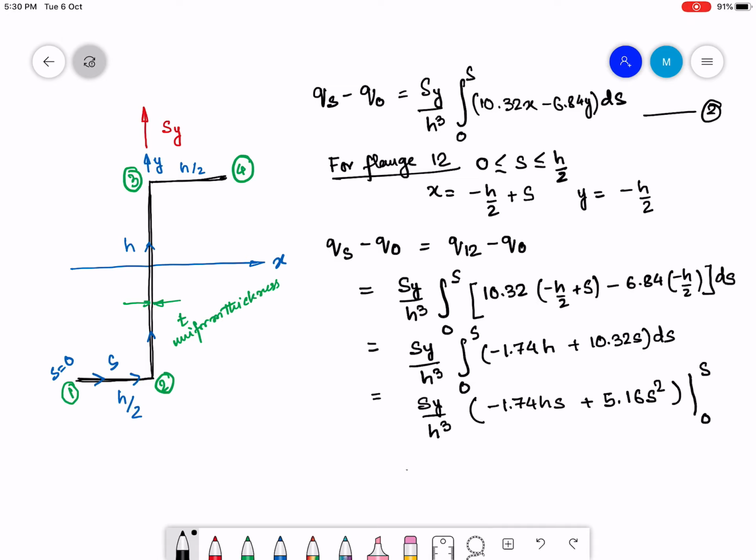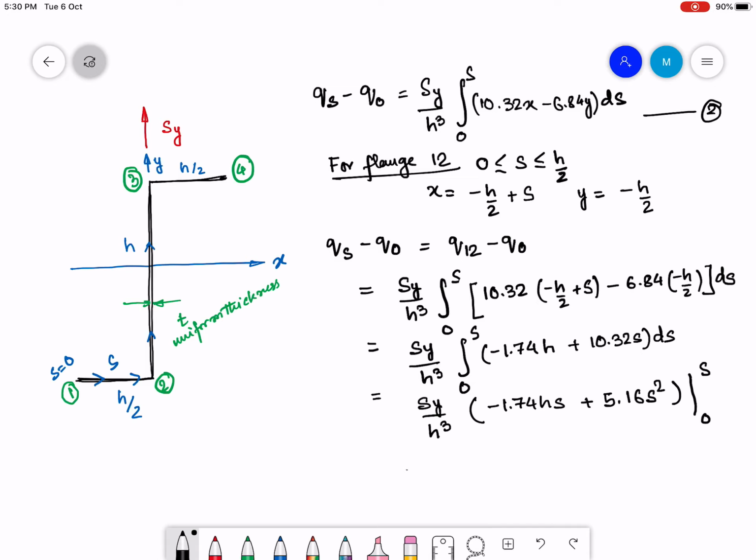Often why I did this intermediate step is that students make a mistake and replace this limit, instead of writing it from 0 to s, they write the limit from 0 to h by 2, which is not correct. See, I am finding the shear stress distribution.